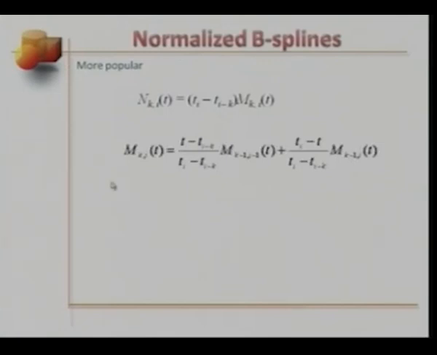Now we have seen this recursion relation before in terms of m's. Order k minus 1, order k minus 1. The last knot i, the last knot i minus 1, the last knot i. You have also seen a little technique to remember this expression.